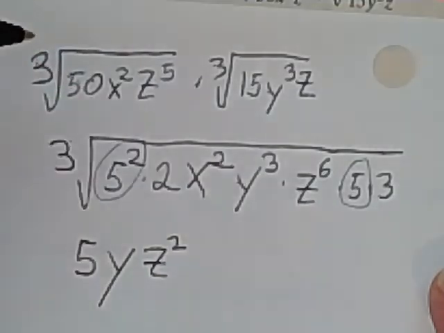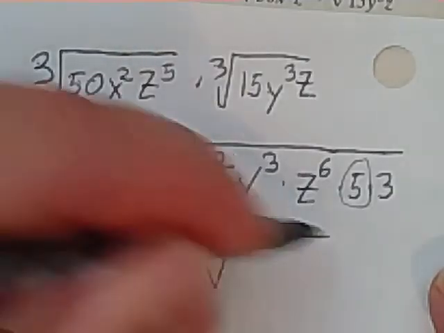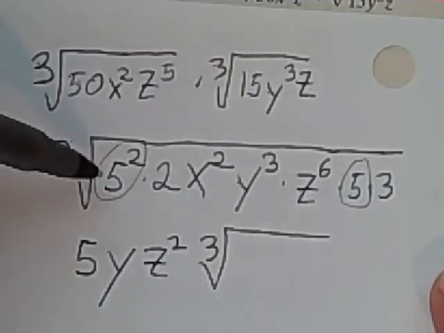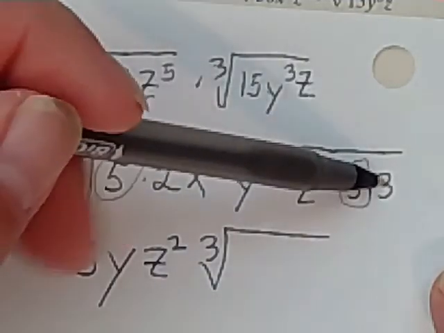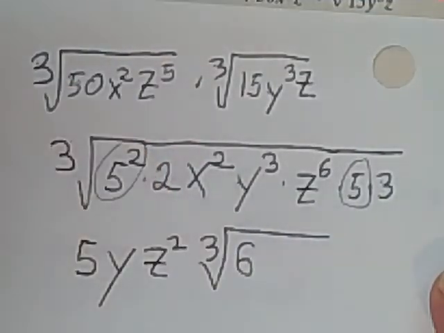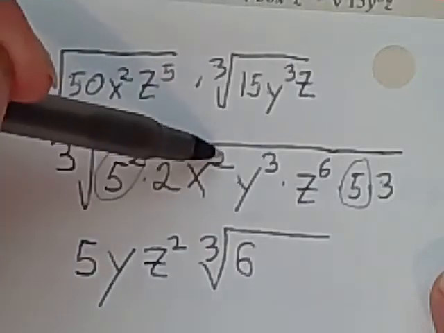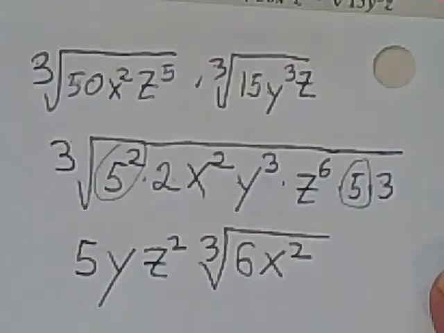What's left underneath the radical sign is the cube root of, don't forget the index is still 3, the 2 and the 3 are still there. So 2 times 3 is 6. The x squared is still there. So I claim this is the answer to the third problem: 5y z squared cube root of 6x squared.